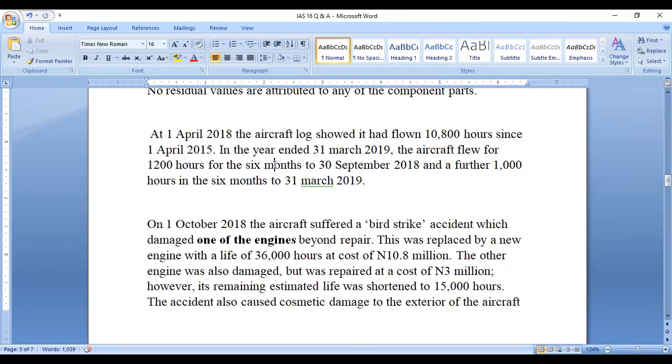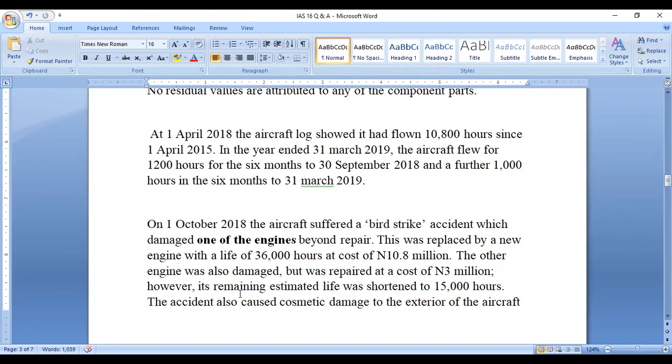So what will be the depreciation charge for the engine for the year? Remember that we have two engines. One was damaged beyond repair, and the other one was replaced by a new engine with a life of 36,000 hours. So we're going to calculate the depreciation value for this one as well.